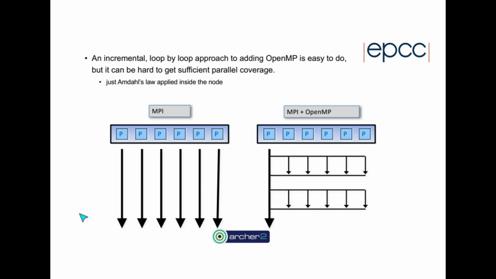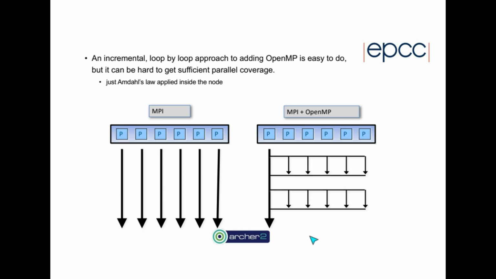Okay, so what can go wrong? Well, it's just like with normal OpenMP. If you do an incremental loop-by-loop approach, then that's relatively easy to do, but it can be difficult to cover all the computation. It's really just an Amdahl's law argument applied inside a node.